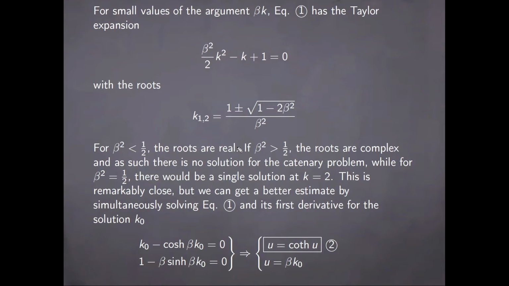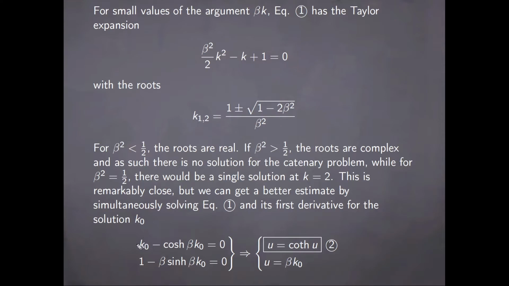Now, in this case, we are clearly solving the problem not exactly as mathematicians, but rather as physicists. And while this result is remarkably close, we can get a better estimate by simultaneously solving equation 1 and its first derivative for the solution k0. So we just wrote equation 1 for the particular point k being equal to k0.